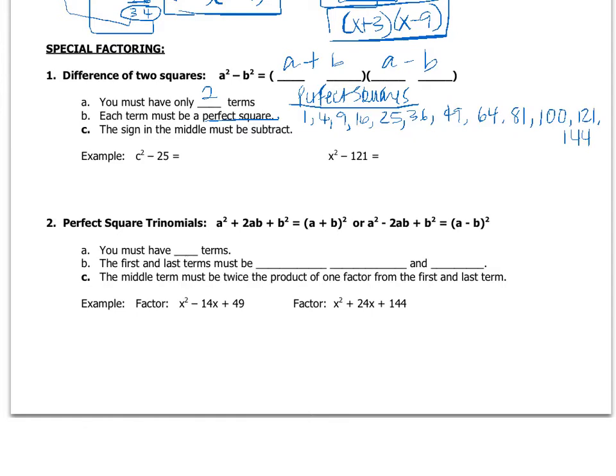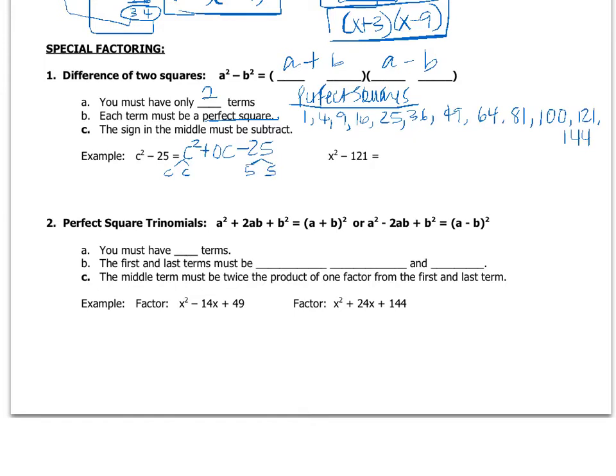Okay? Now, here's what happens. I don't like the look of c squared minus 25 because there's no middle term. So what I'm going to say is c squared plus, there's no middle c, so I'm going to say 0c minus 25. And if you write it this way, we can go back to c squared is c times c. And how do you get 25? Well, the only way to get 25 is 5 and 5.